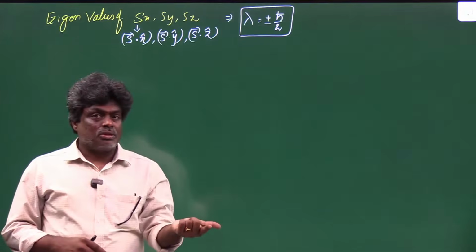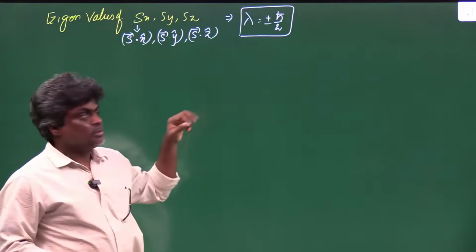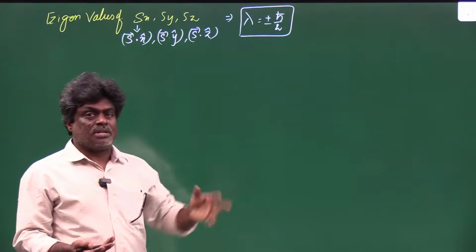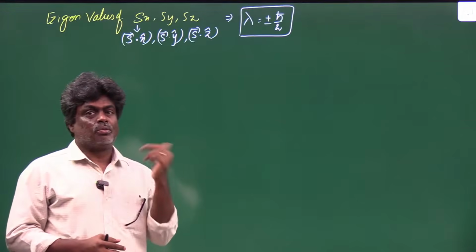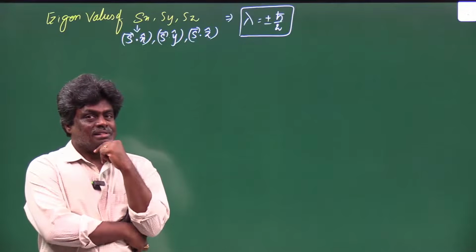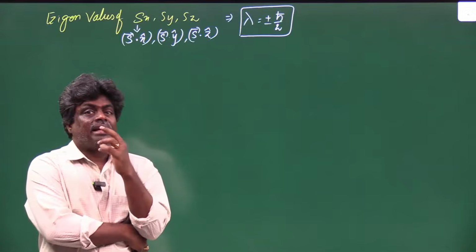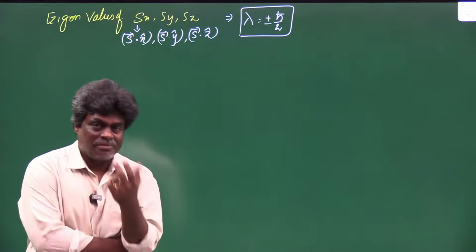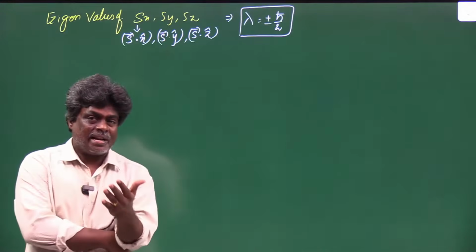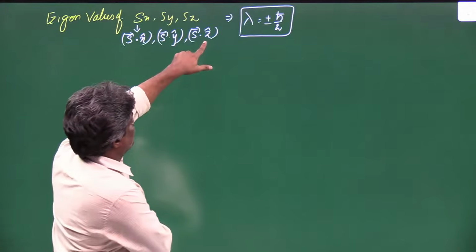Along the x-axis you measure, you got these eigenvalues. Along the y-axis also measured, same eigenvalue. Along the z-axis also measured, same eigenvalue. What does it mean? The eigenvalues are independent of the arbitrary direction. Arbitrary direction means a unit vector.